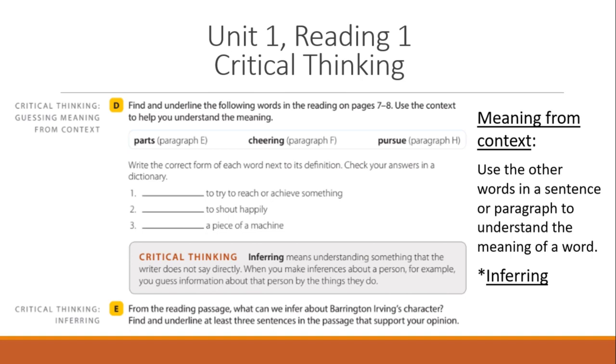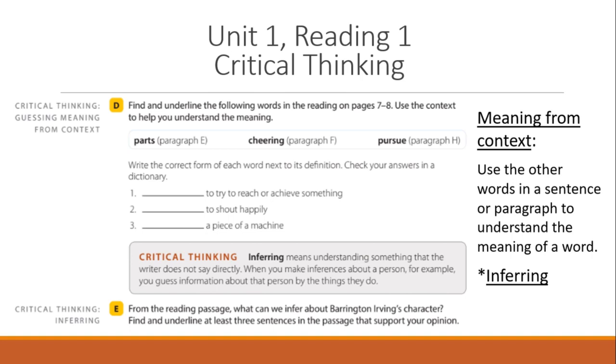Well, you could infer that they possibly have a good job. You could infer that they earn a lot of money. You could infer that maybe their parents have a lot of money and gave them that expensive car. So inferring, right? Understanding something, not what they do or say directly, but by the way that they carry themselves and the things that they do.